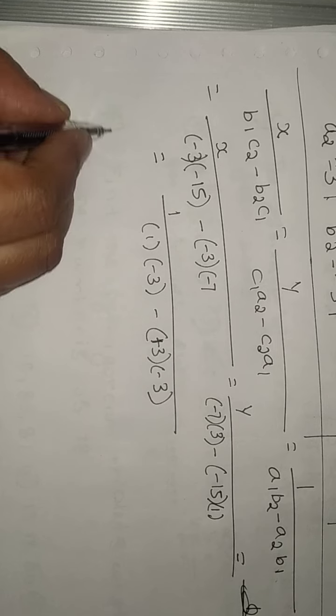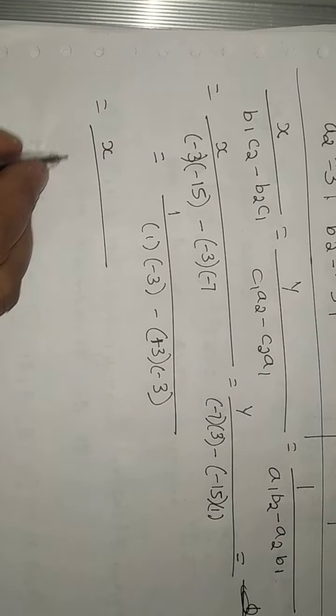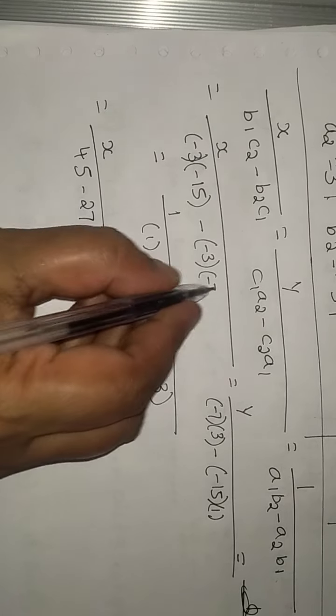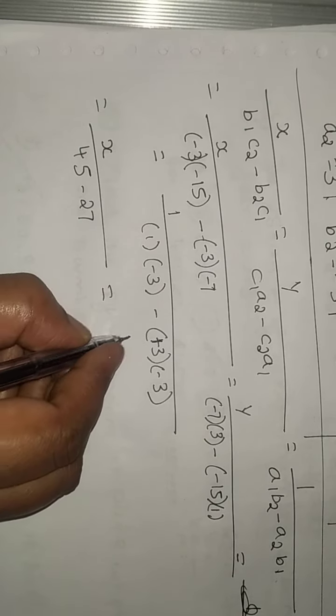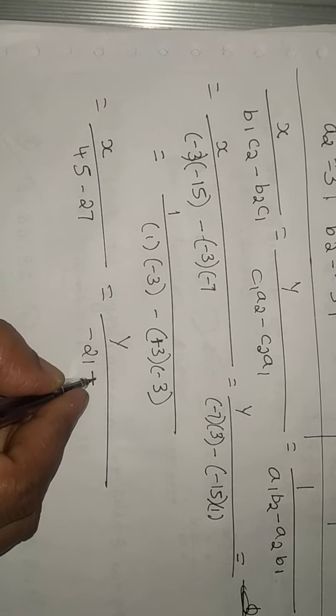So now we simplify this. So x by how much? We get this one plus 45 minus 21, minus into minus plus. Therefore y by how much? That is minus 27 plus 15.